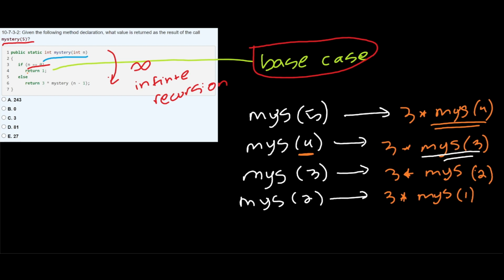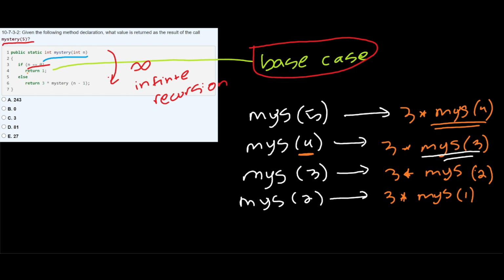Each time you're going through this hand tracing method, you want to keep checking whether what you're writing on the right side is going to satisfy this if condition, which is the base case, because in that case it will return 1 instead of 3 times mystery something.